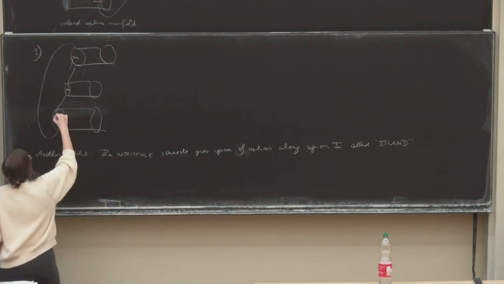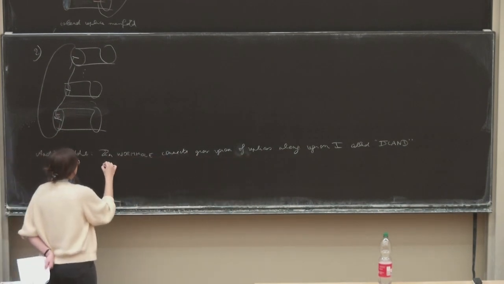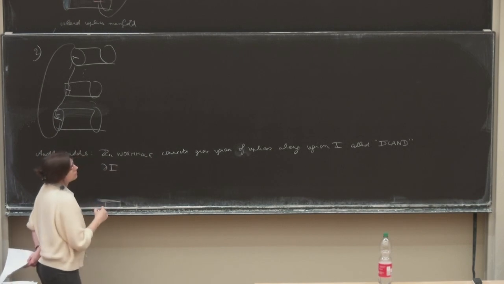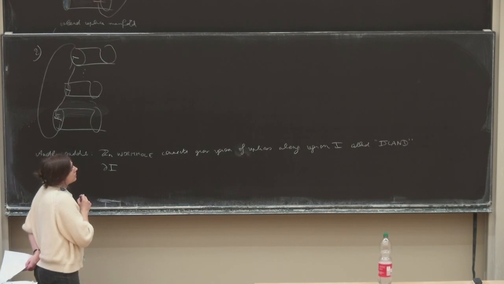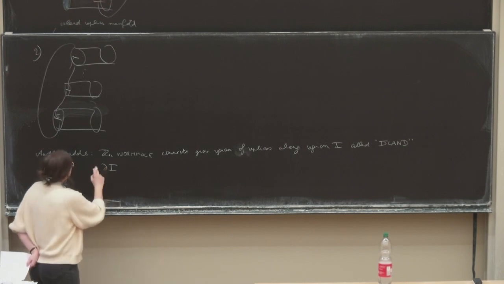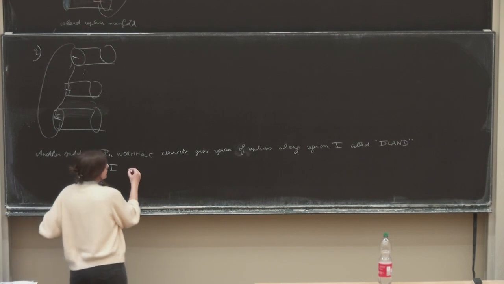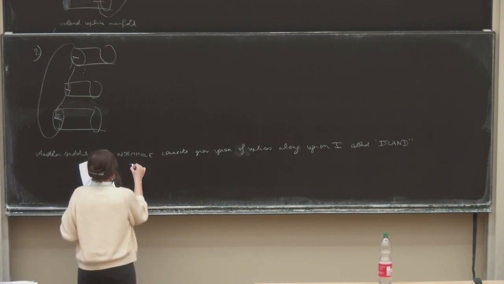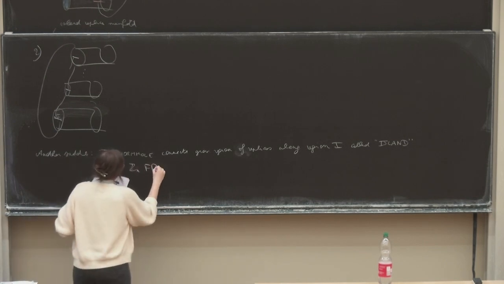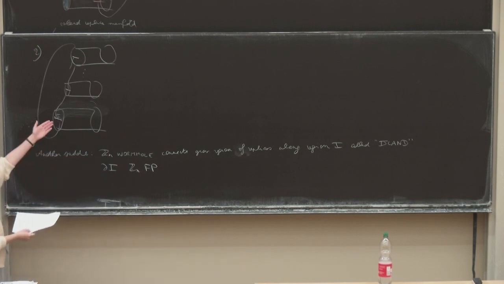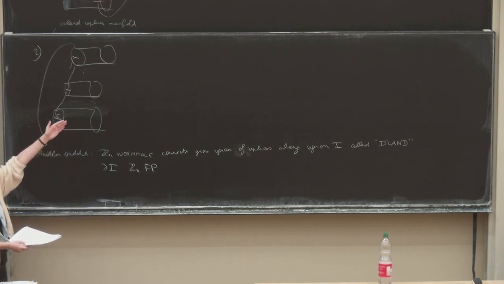Okay, and so these boundary points of the island, I'm calling them points, but in general they can be higher dimensional. The boundary of the island is then also Zn fixed points in the same way that the boundary of A or the boundary of R are Zn fixed points.